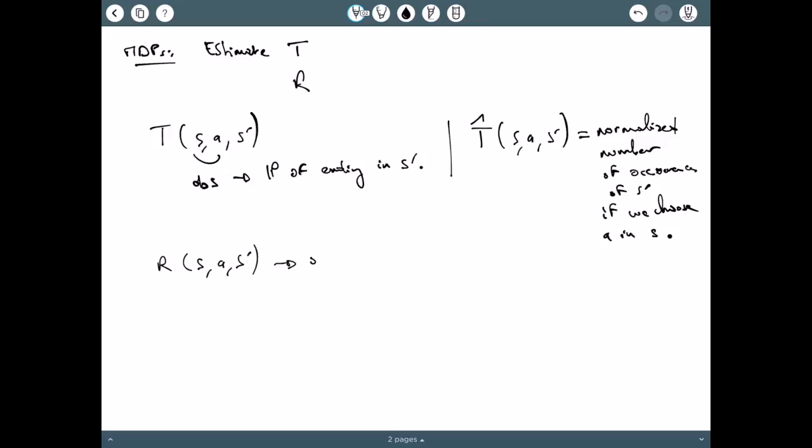And here we don't need to normalize because we assume that this function is deterministic. So here it's a consequence of the modeling of the model we've chosen. Basically what's happening is that all the stochasticity is embedded in the transition function. And therefore here we just need to see it once.